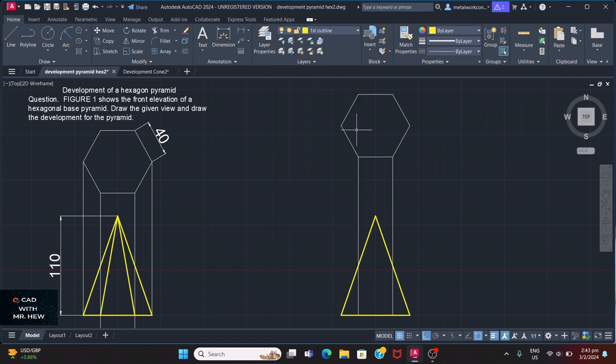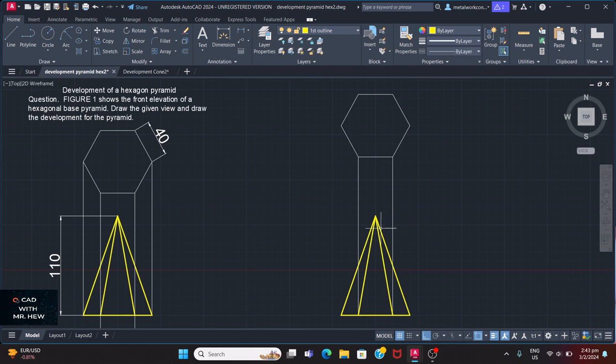So what we're going to draw now is the sides. All right, there we have our front elevation is complete. So we have completed the first part of the question, which is to draw the given view, which was the given front elevation.